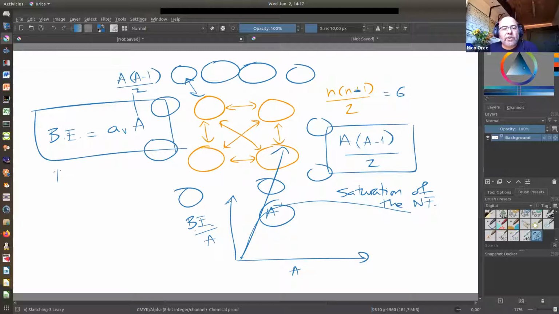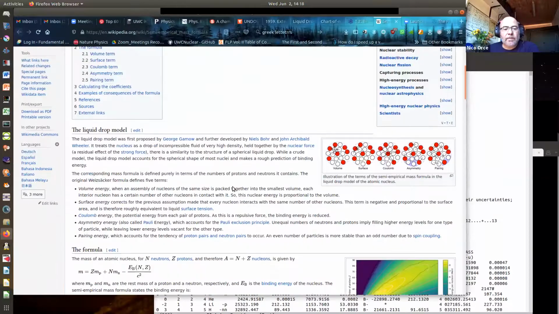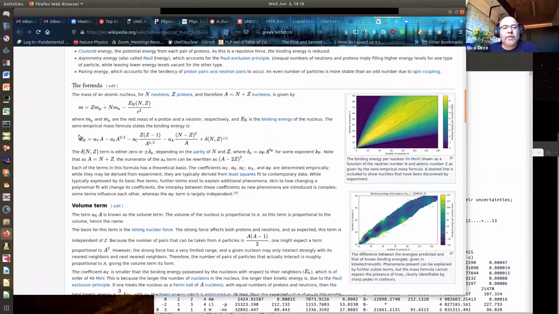So basically, when you do the binding energy over A, this will be equal to a constant, right? Which we call the volume constant. So there's a volume term in the Bethe-Weizsäcker formula, which is given right here. This is the volume term.